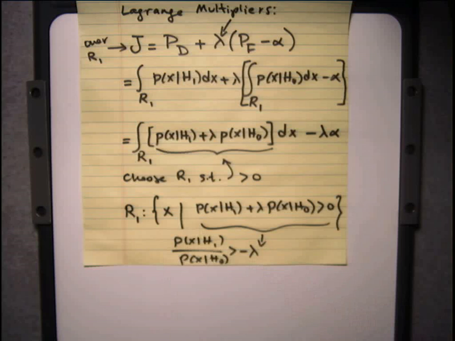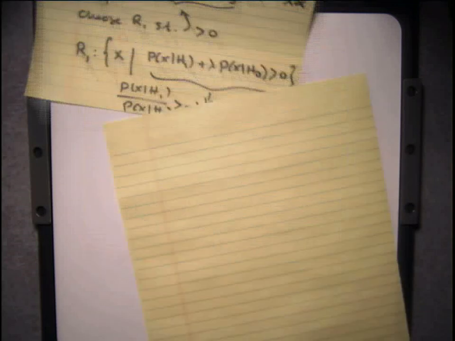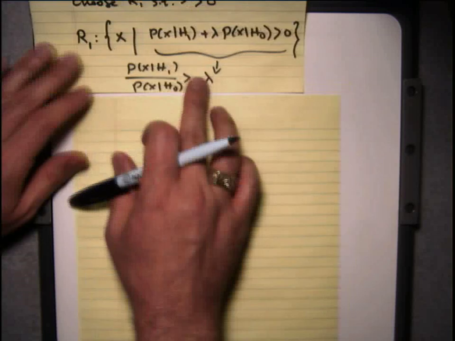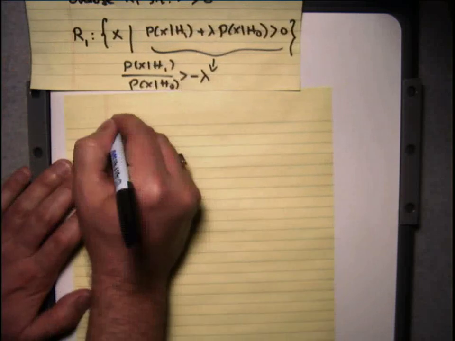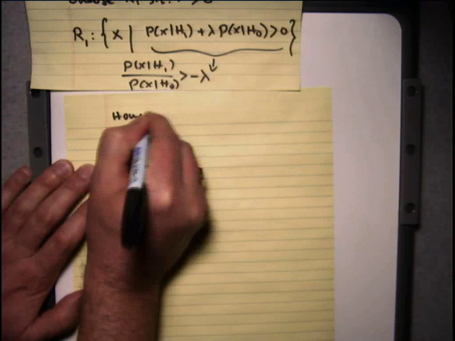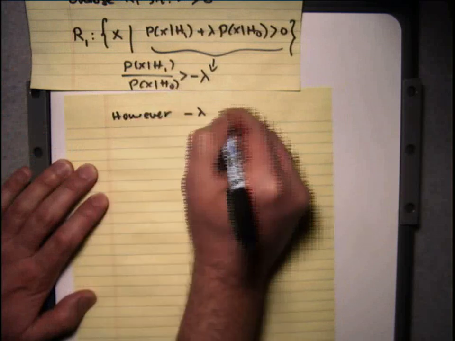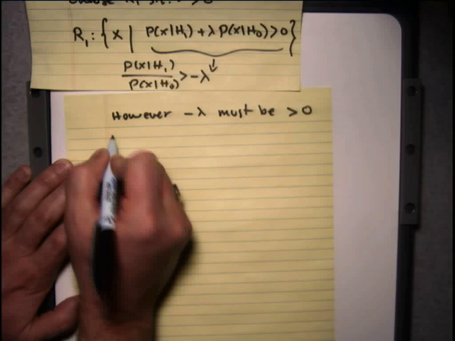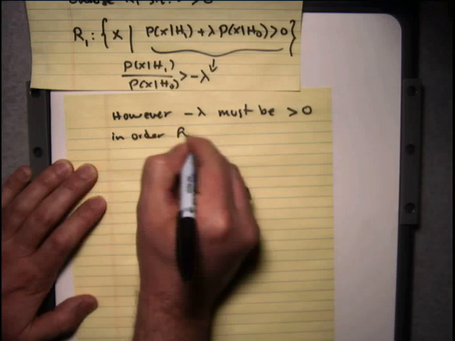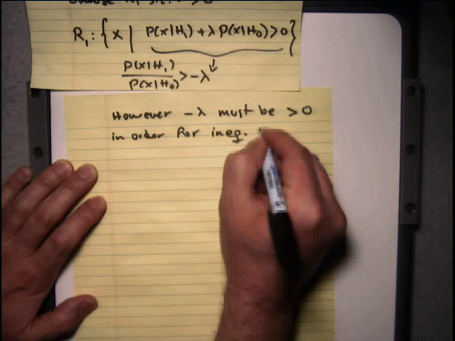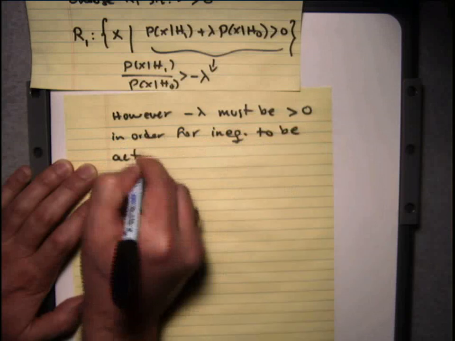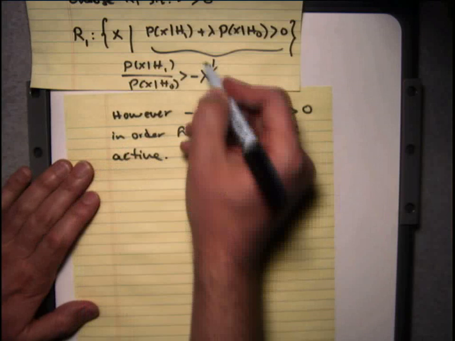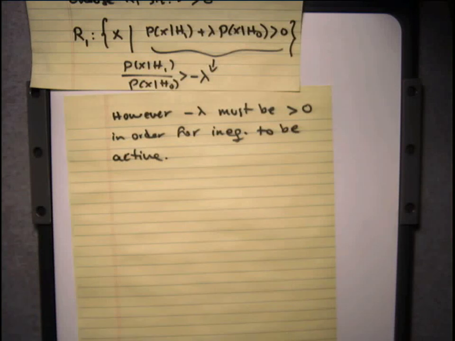So minus lambda must be bigger than 0 in order for the inequality to be active. Active means that if this thing is negative, then the inequality is not really telling you anything.